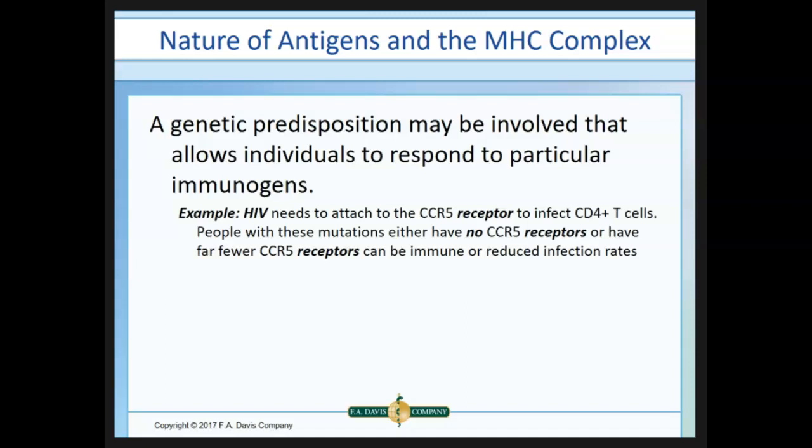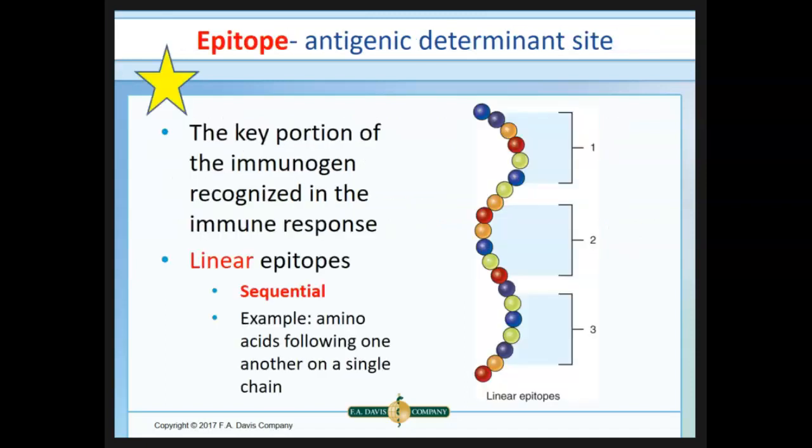So this one particular small protein. If people have mutations in their CCR5 receptor on their T cells, or they don't have that receptor at all, they can be immune to HIV, because HIV has to have that receptor to get inside of our T cells. I just think that is incredibly interesting.